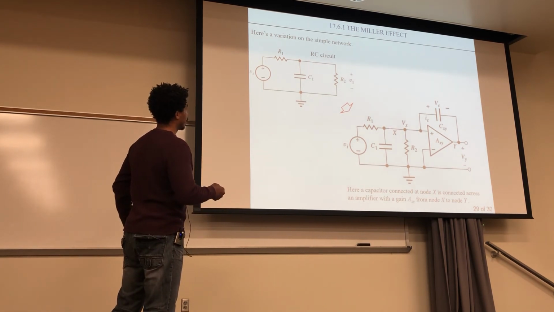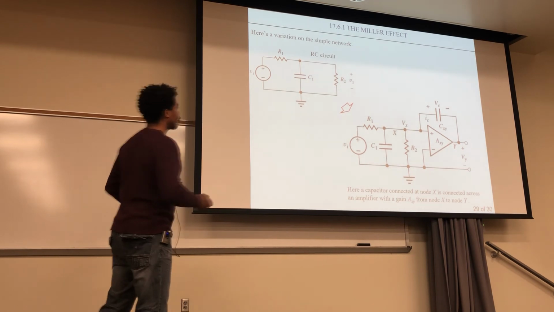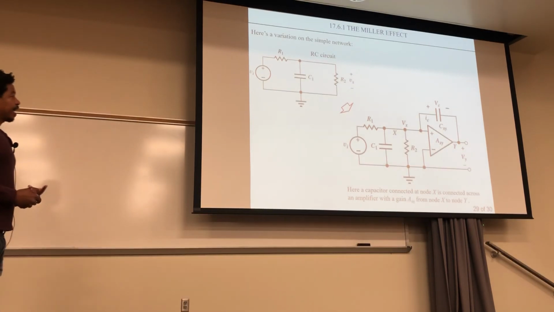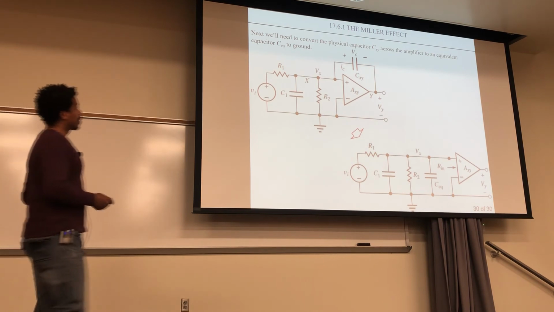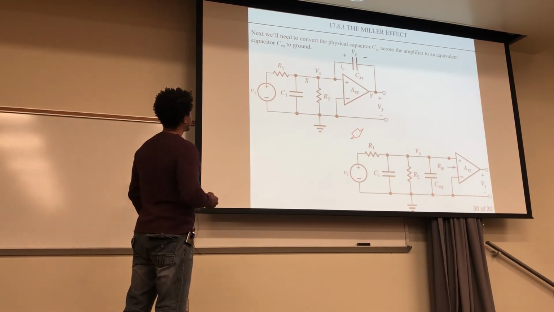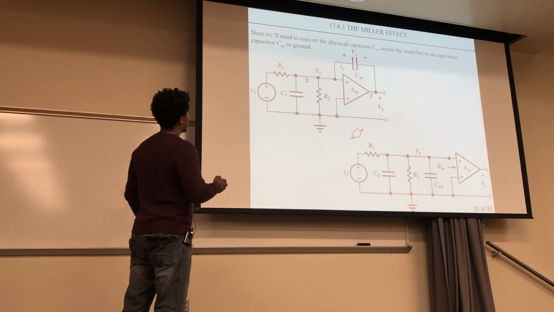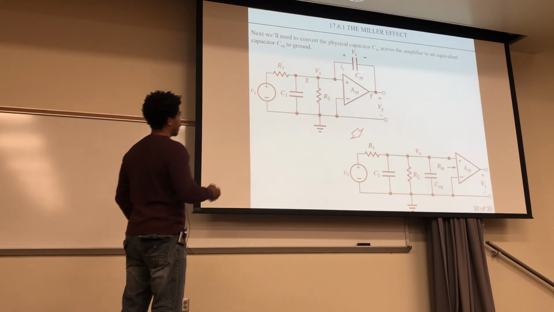So that's the first step. In the second step, we take this and modify it to be represented by an equivalent capacitor that's in parallel to ground with these other components.